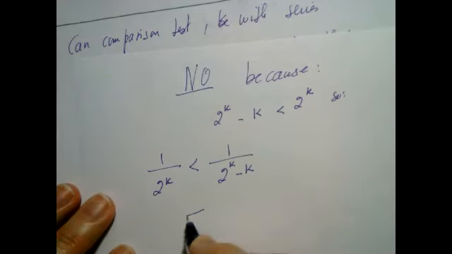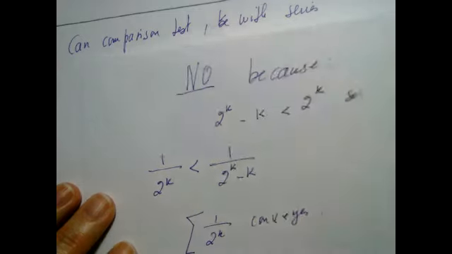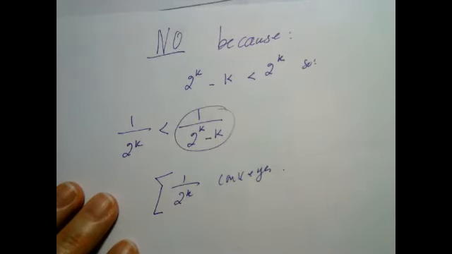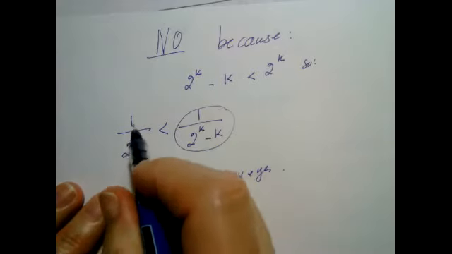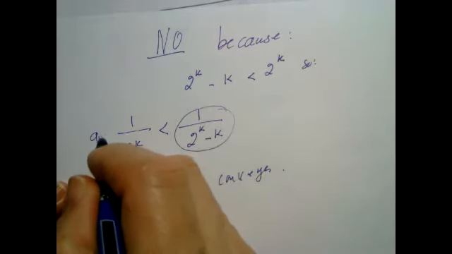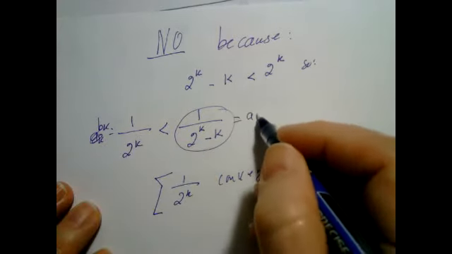Now, sigma 1 over 2 to the k converges, we know that, but this one is bigger than it. So we cannot conclude that the larger series converges. Sigma 1 over 2 to the k converges, but it is less than that. So this is my b_k, and this is my a_k.